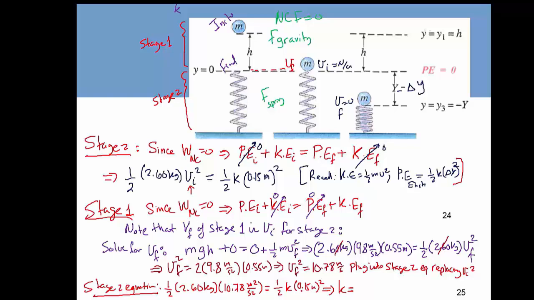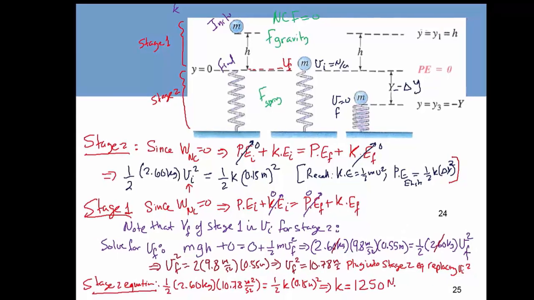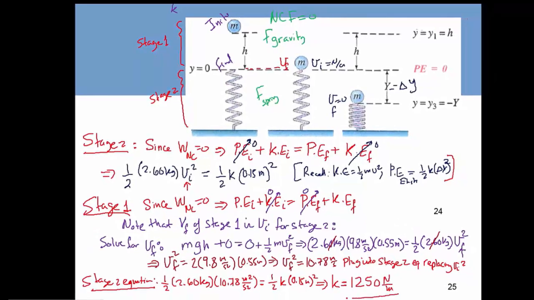If you multiply it by 2 and divide by 0.15 squared, this will yield 1245.69 Newtons per meter. If we round it to 3 figures, this will be 1250 Newtons per meter. And this will be the spring constant.